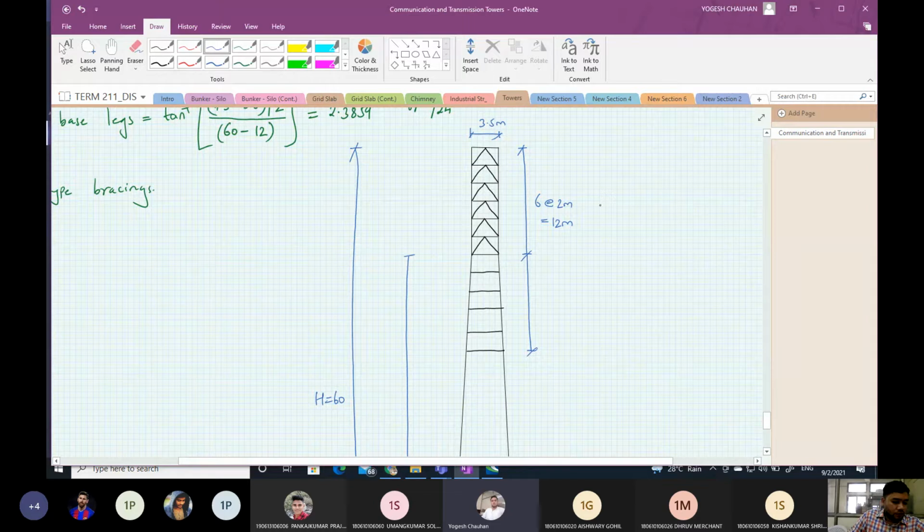We call this segment 1. They will be of typical set. Similarly, this is segment 2, and these are 6 panels of 2.5 meter spacing, so the total will be 15 meter. And they will also have K-type bracing.